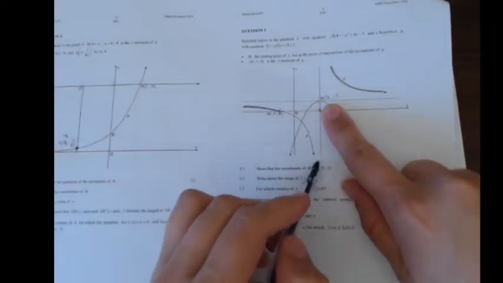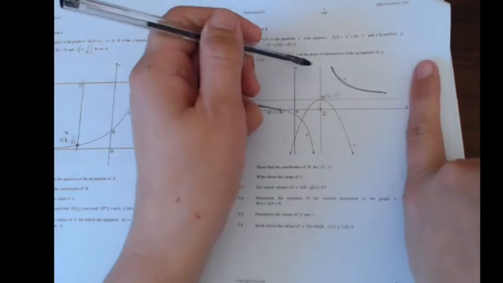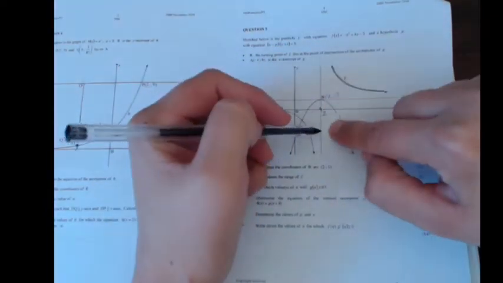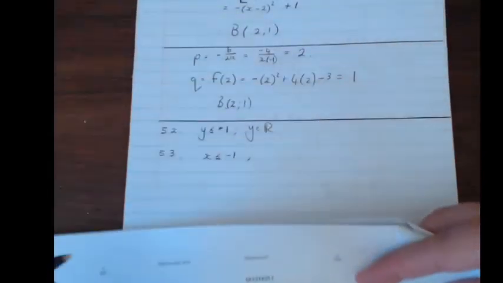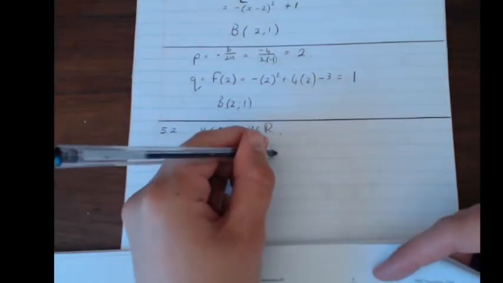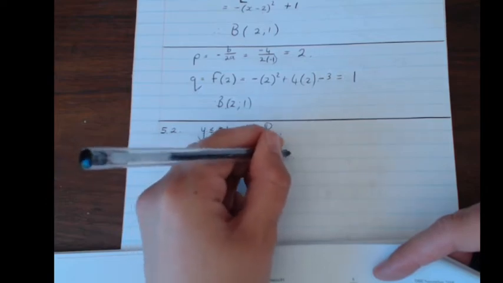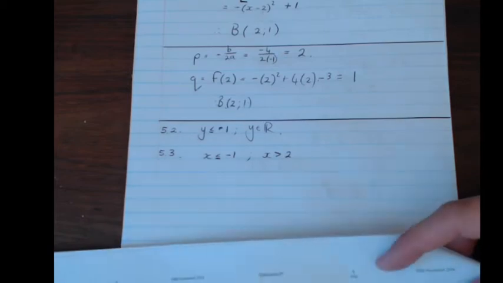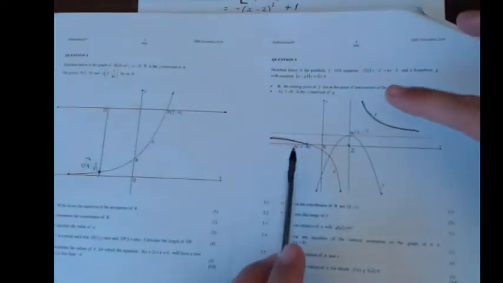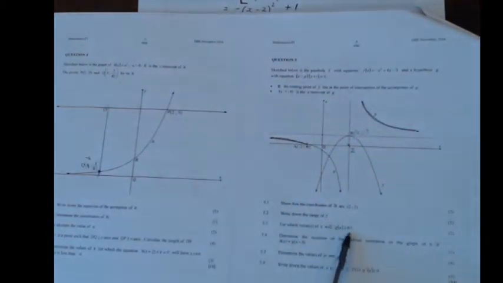And then not between negative 1 and 2, the graph is below, and then after 2, anything after 2, but I can't include the 2 because there's an asymptote, the graph does not exist at 2, so x can be anything bigger than 2. Alright, so anything smaller or equal to negative 1, anything bigger than 2 will produce values that are bigger than or equal to 0 on the graph of g.